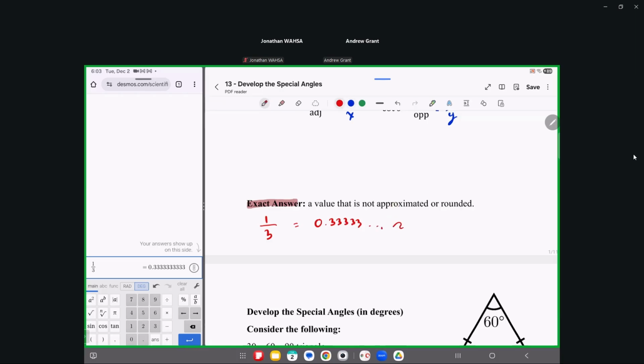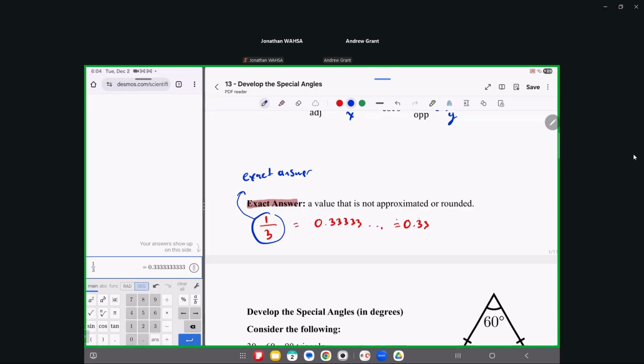And at some point, we might just round this off. This 1 over 3 would be your exact answer. So if you needed to represent the decimal expansion 0.333 repeating, you'd use 1 over 3.